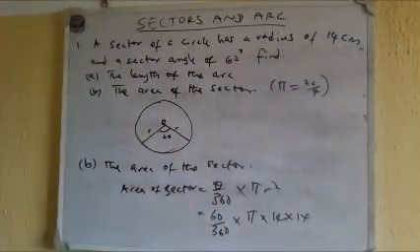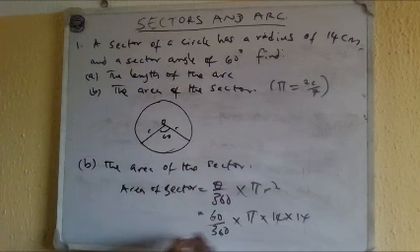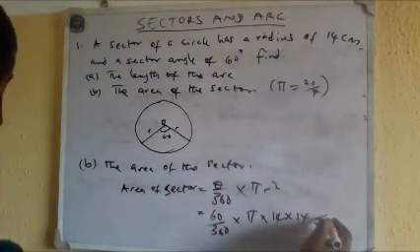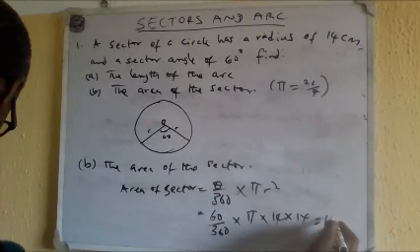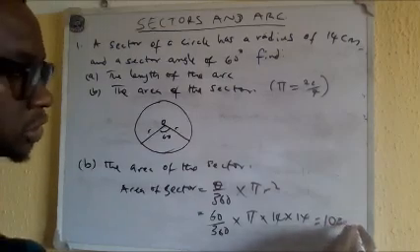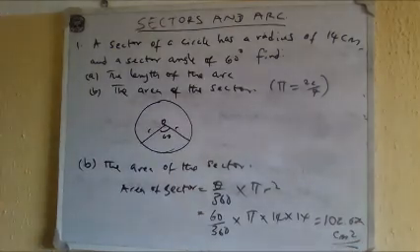By the time you compute this with the calculator, knowing that pi is 22 over 7, you have that the area of sector is equal to 102.67 cm squared.